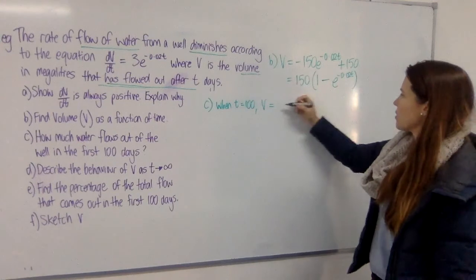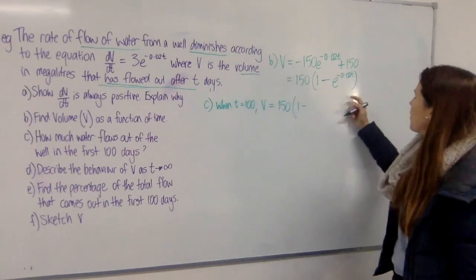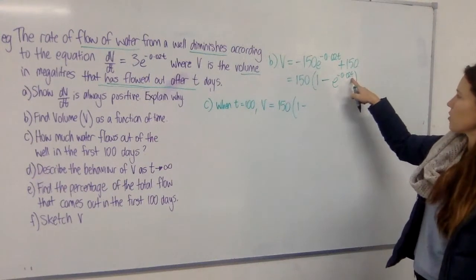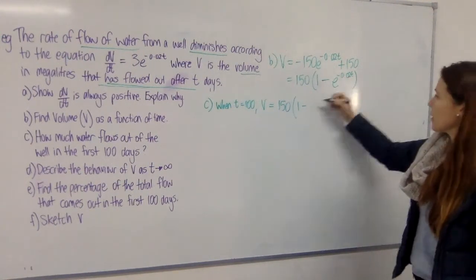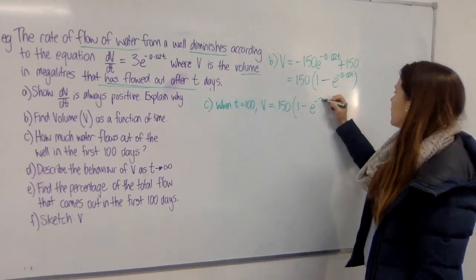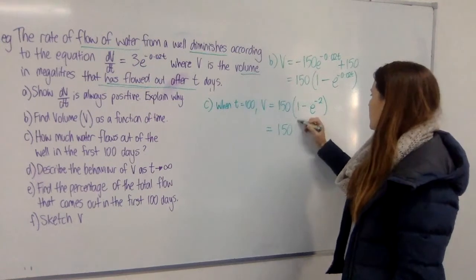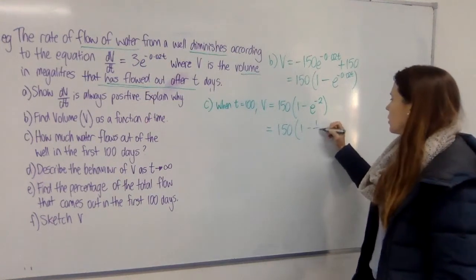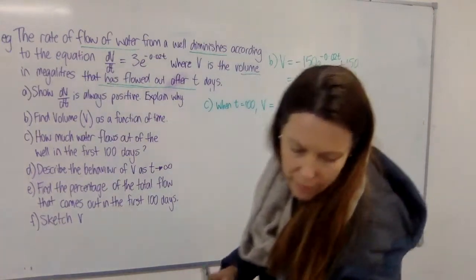I think this one looks easier to me. 150 multiplied by 1 minus, now 100 lots of 0.02 is just 2, and so I need e to the minus 2 up here. And that's the same thing as 150 times 1 minus 1 on e squared. Obviously you can put it in your calculator either of those ways.